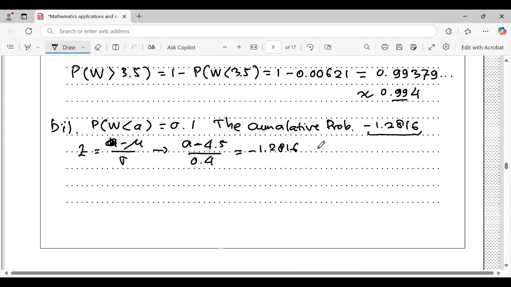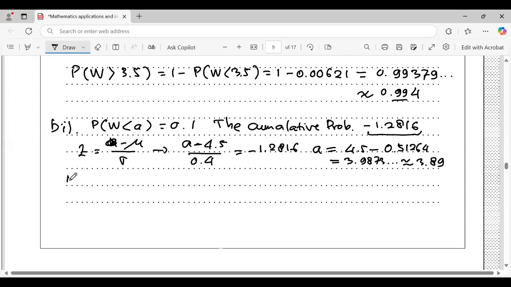So it means A equals 4.5 minus 0.4 times this number, which is 0.51264, and it is 3.9873, or 3.99.